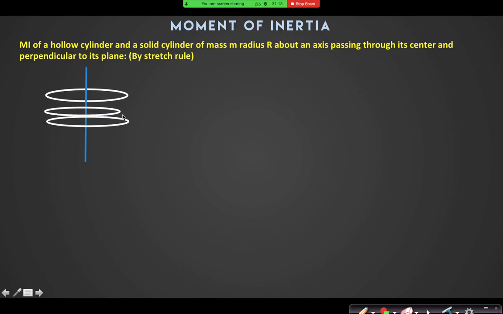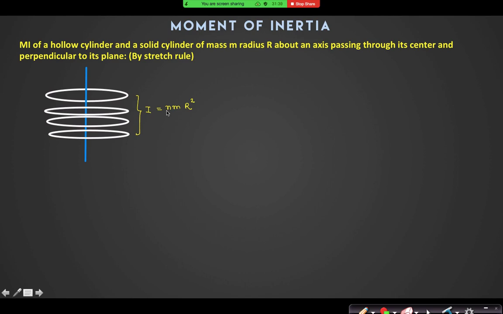Similarly, if you keep on placing such rings, suppose n such rings are there, then what is the total moment of inertia of the system? It is n m r square. Yes or no?